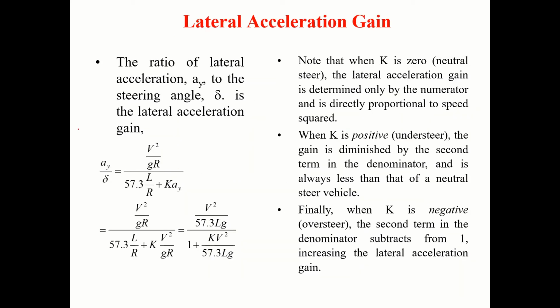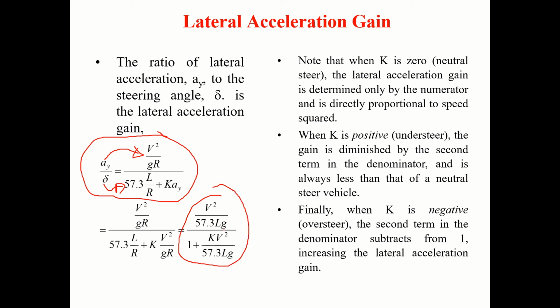So lateral acceleration gain, you can see here. For AY, it is V squared by GR. For delta, it is 57.3 L by R plus K AY. That is the equation we have. Reorganize this, you are going to get this value. If K is equal to 0, this is the value. K is positive, denominator will be larger than 1. This becomes smaller.